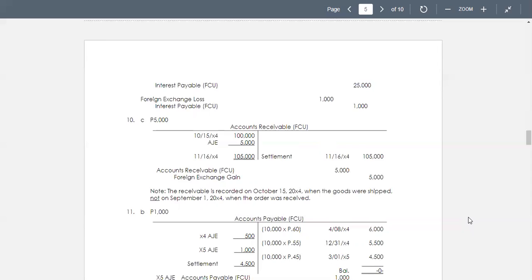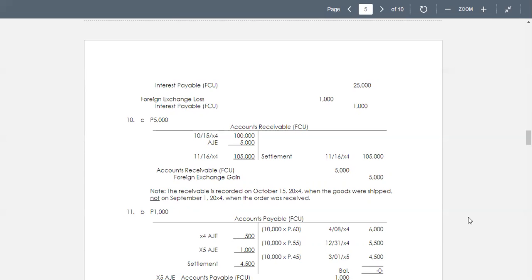Now we are given the rates, the spot rate of 0.60 and at the same time you have 0.55. So 0.60 times 10,000. On April 8, you credit accounts payable 6,000. Then on December 31 for adjustment, again you credit 10,000 times 0.55.